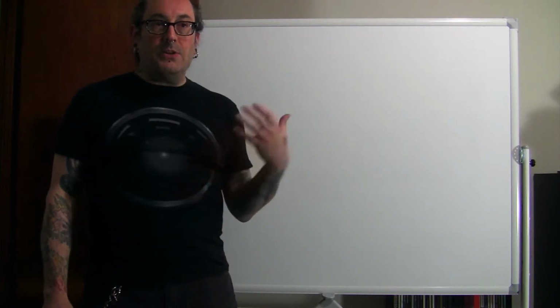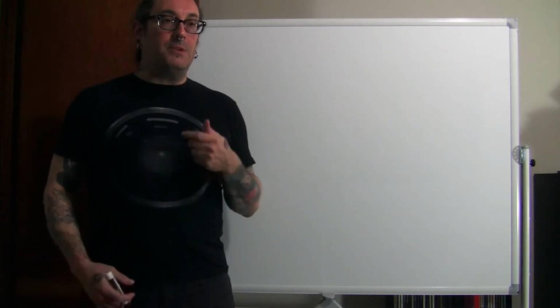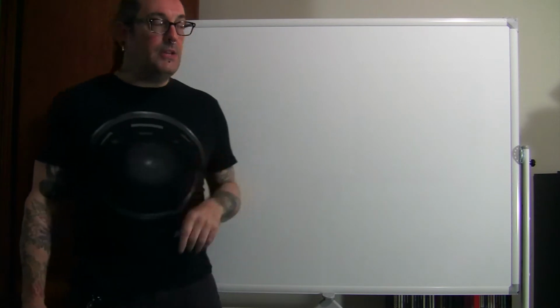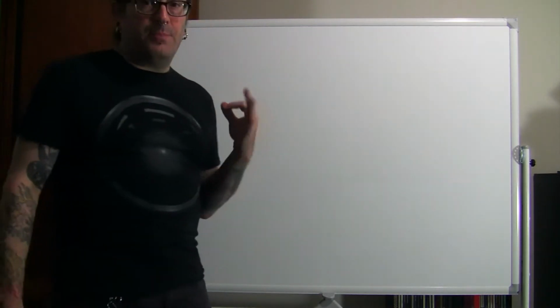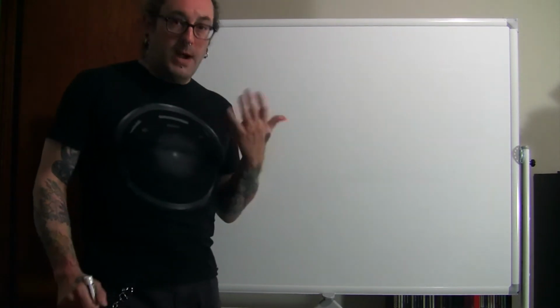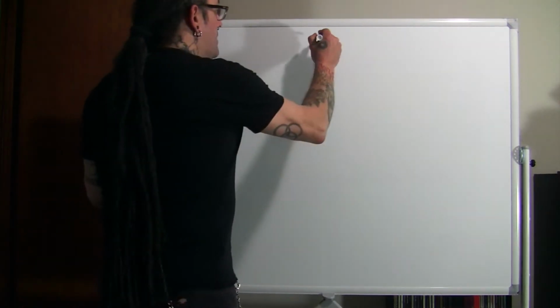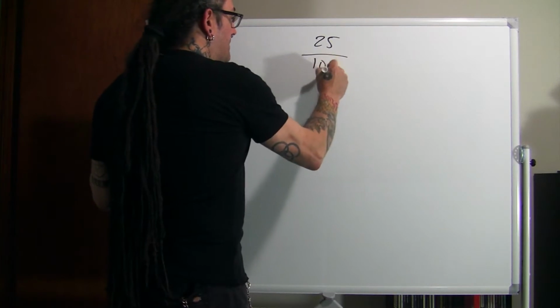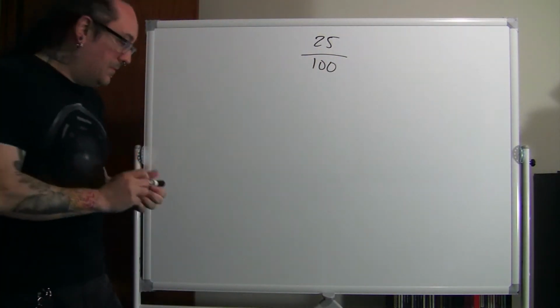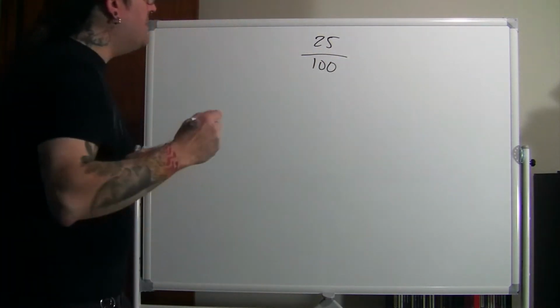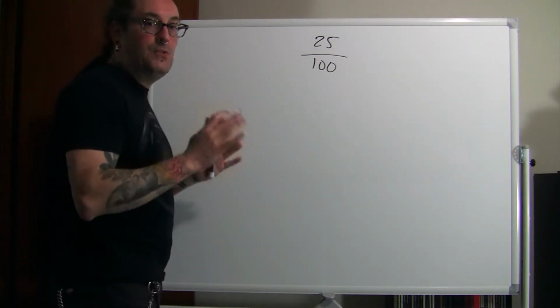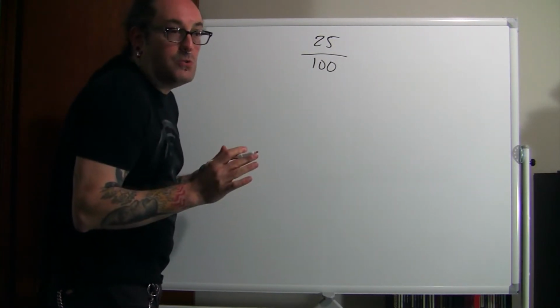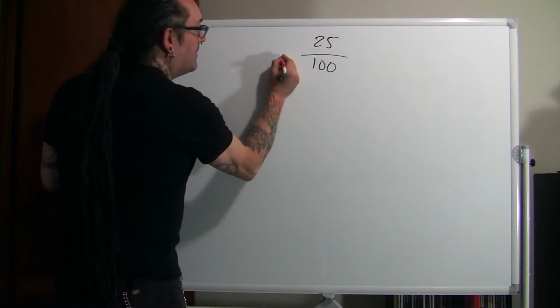And watch how I do this. If I want to express a percentage as a fraction, how do I do it? What is 25% as a fraction? Watch how I do it. 25%. So the key thing here, for the first few times and maybe forever, is to say this to yourself as you do it.